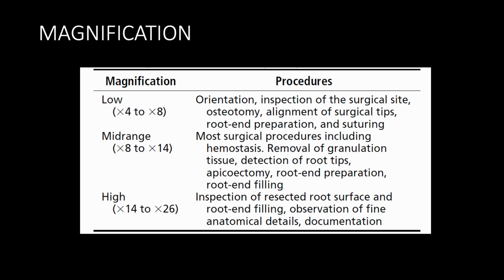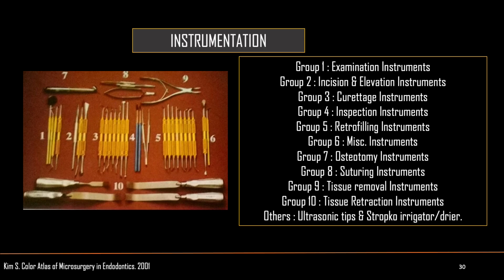In the mid-range magnification is where most of the surgical procedures are performed, and removal of granulation tissue is possible. High magnification involves magnification as high as 26x, and in this magnification it is possible to inspect the resected root surface and root end filling and observe anatomical details.